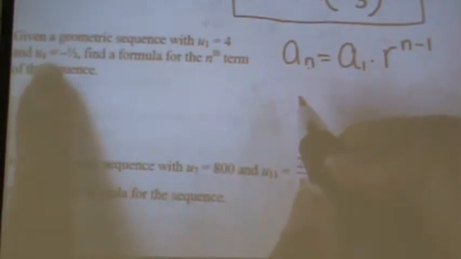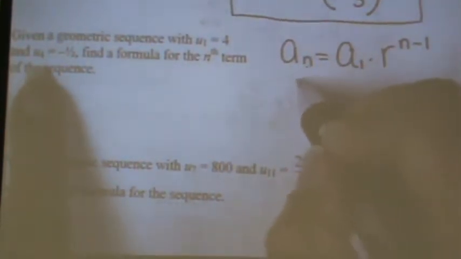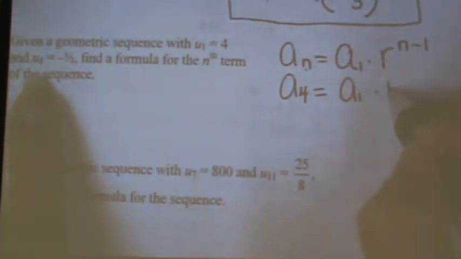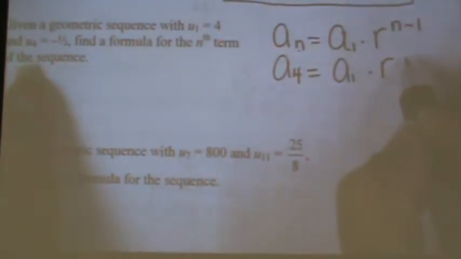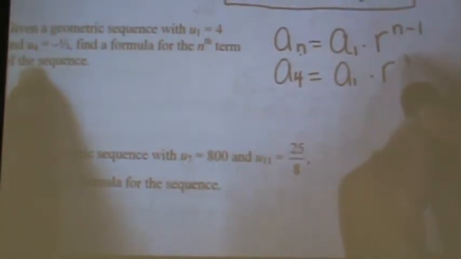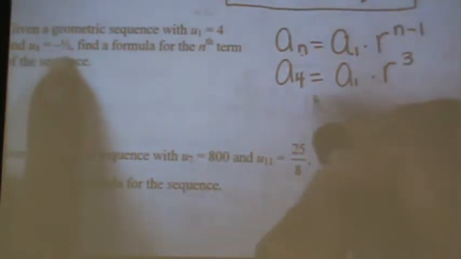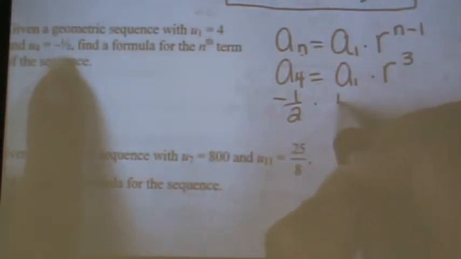So see this problem right here? They're talking about the fourth term, a sub 4 and a sub 1. What's the power then going to be here? 3. What is the a sub 4 number? It's -1/2. And what's the a sub 1 value? It's 4.